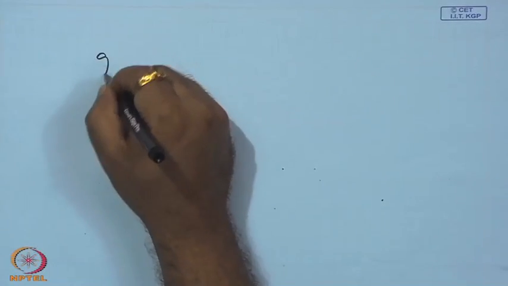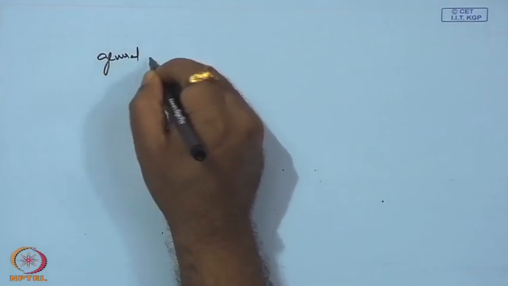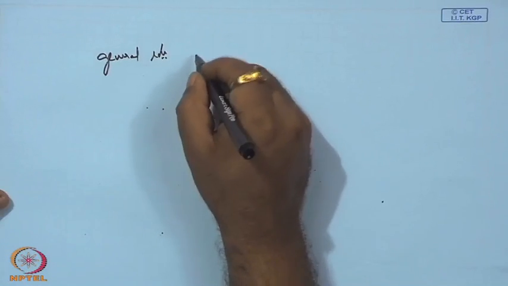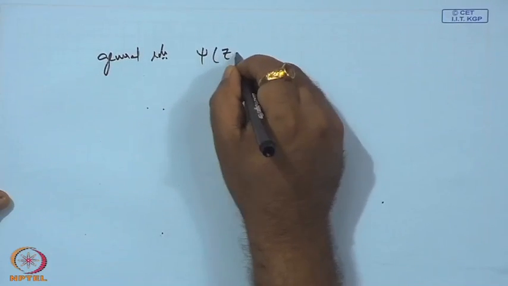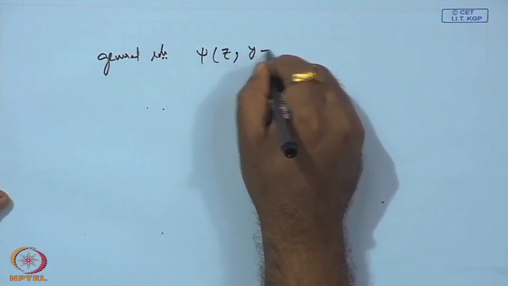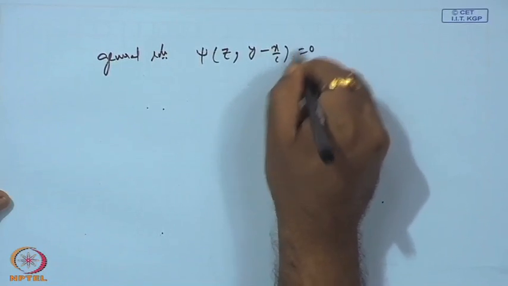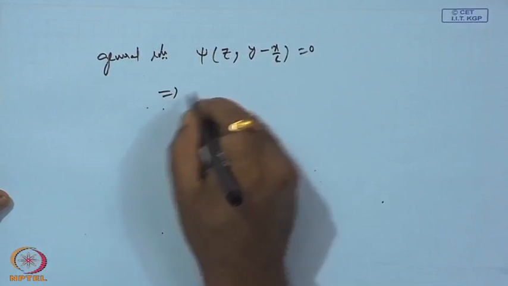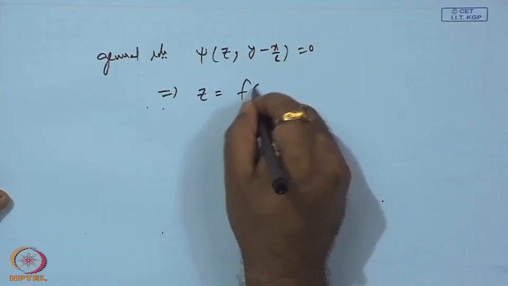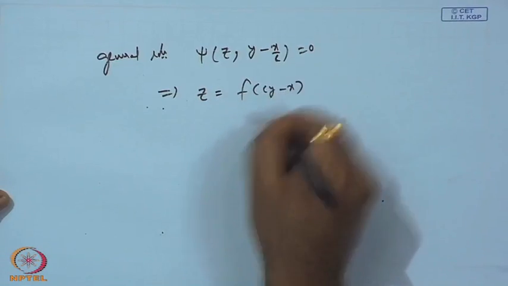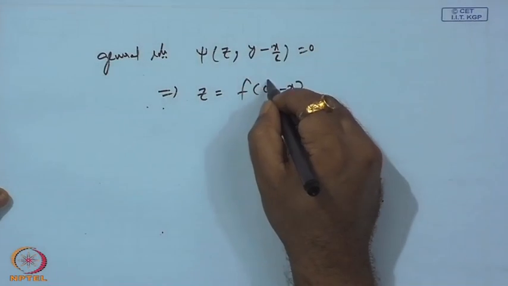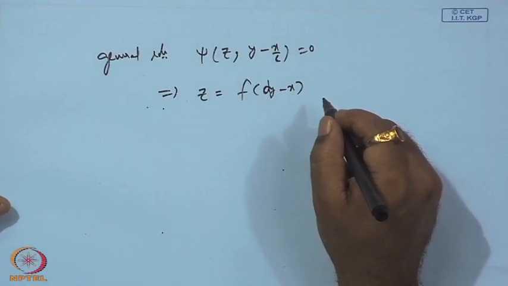Okay. So the general solution psi of... so this implies z equals to some other constant, let us say some d. Okay.